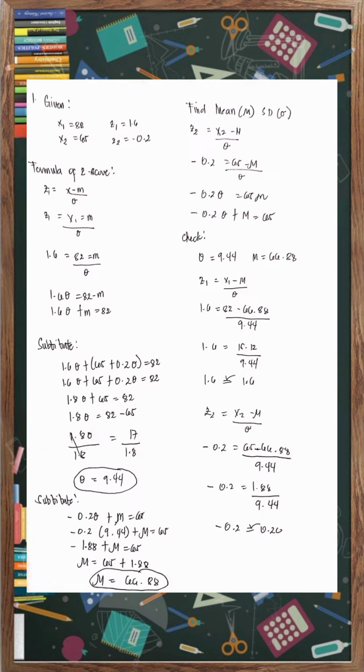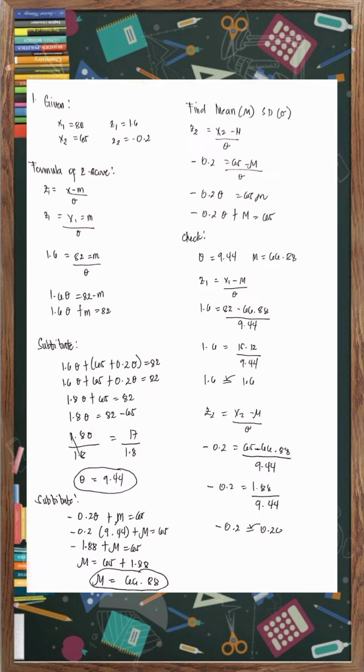Then, 1.6 standard deviation plus 65 plus 0.2 standard deviation equals 82. So, 1.8 standard deviation plus 65 equals 82.